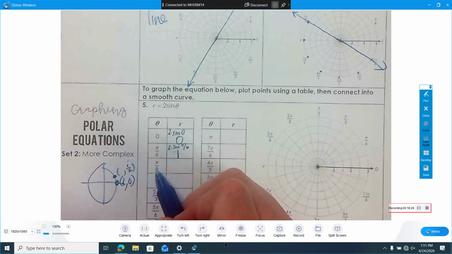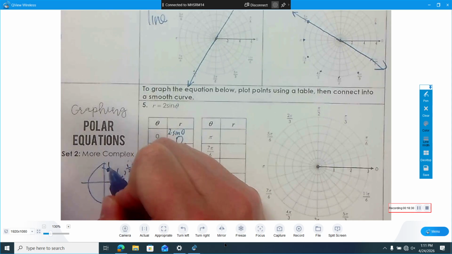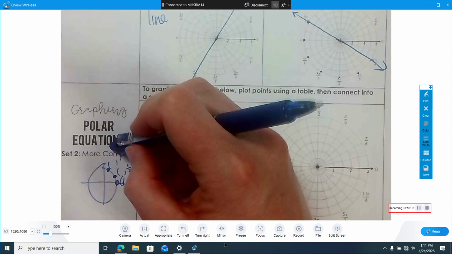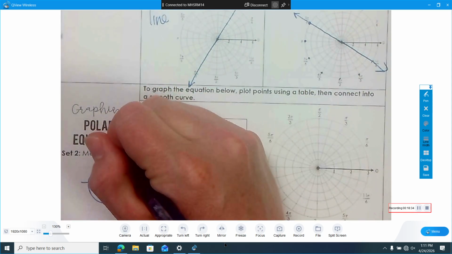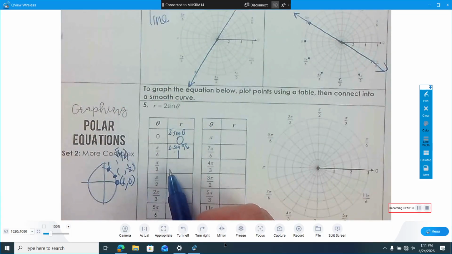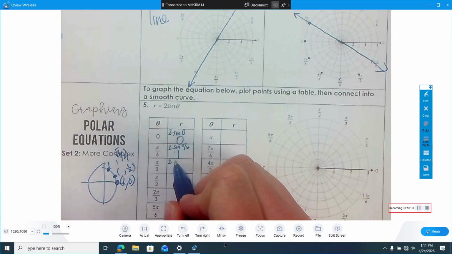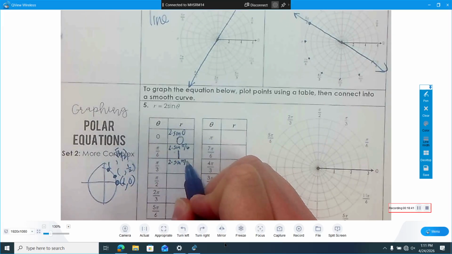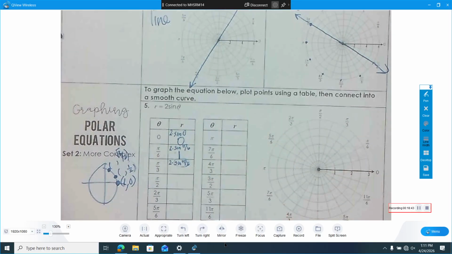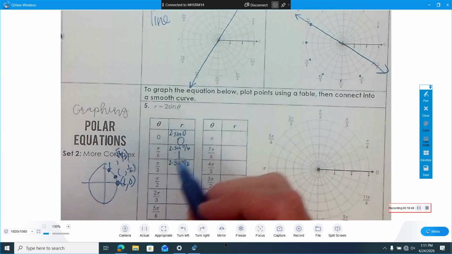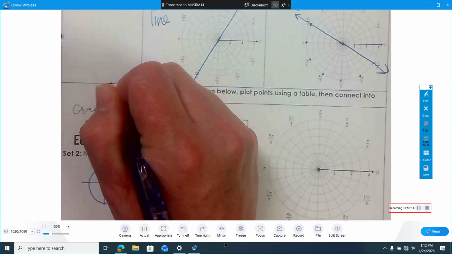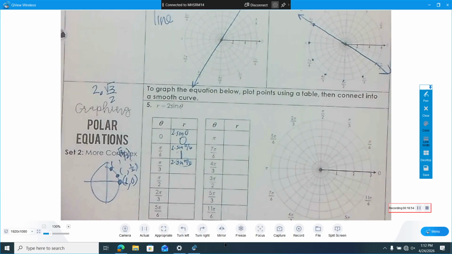All right. At pi over 3, what's my ordered pair? Square root of 3 over 2. Very good. And so we want 2 times the sine of pi over 3. And what's the sine of pi over 3? Radical 3 over 2, yep. Times 2. Radical 3 over 2 times 2.